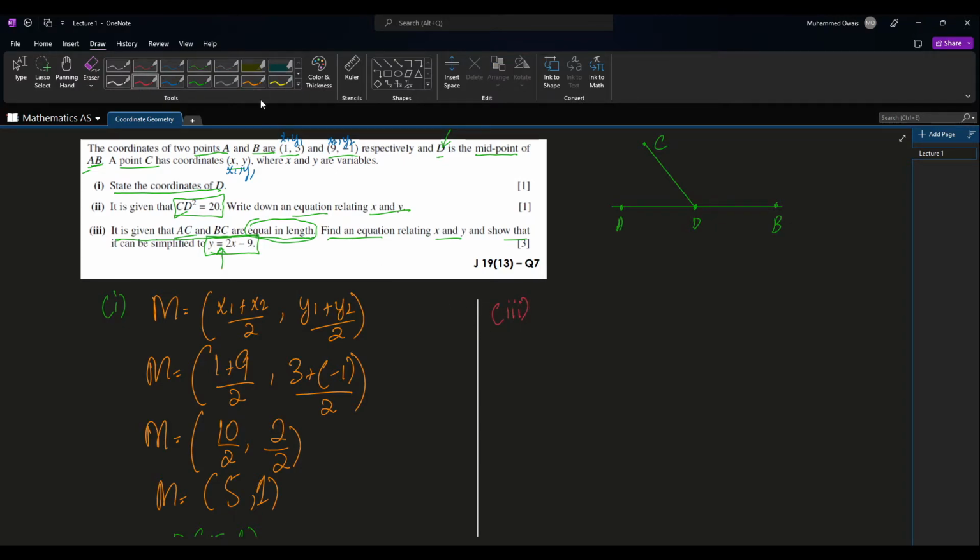We can do AC first. AC is equal to under root x2 minus x1 squared plus y2 minus y1 squared. I'll take A as x1 and y1 and C as x2 and y2.